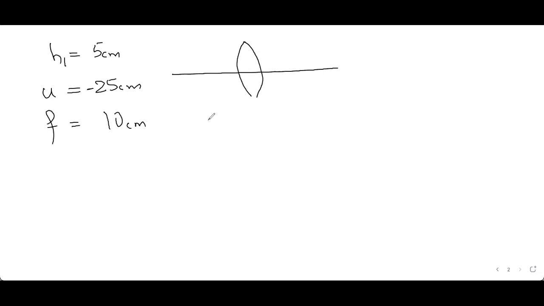Converging lens, so convex lens. What happens in a convex lens? This happens in a convex lens. This is the F. So should f be plus 10 or minus 10? It has to be plus 10.